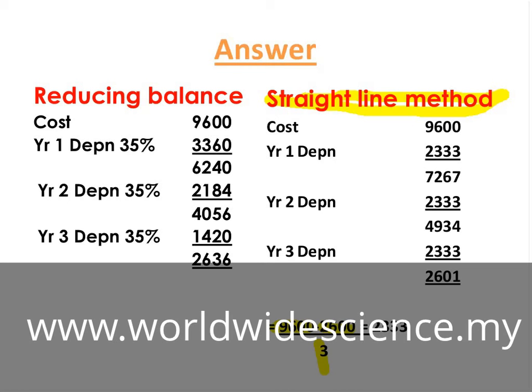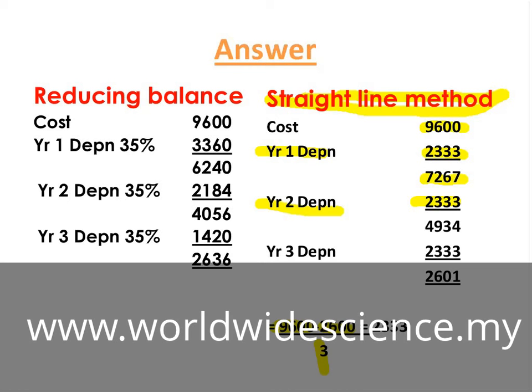And when we calculate for each year, we have to deduct it. Year number 1, the 9,600 minus the depreciation 2,333 would be 7,267, right? Year number 2, from the 7,267 we deduct the depreciation, which we already know is 2,333, right?